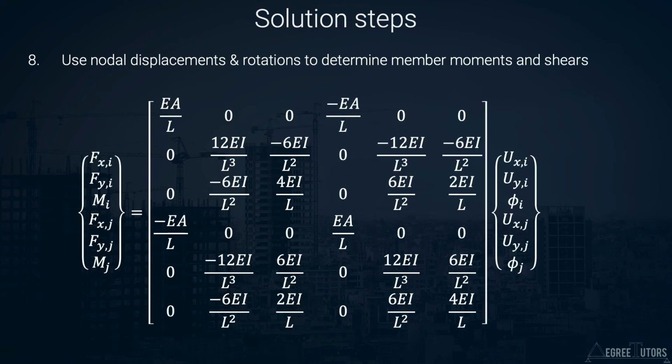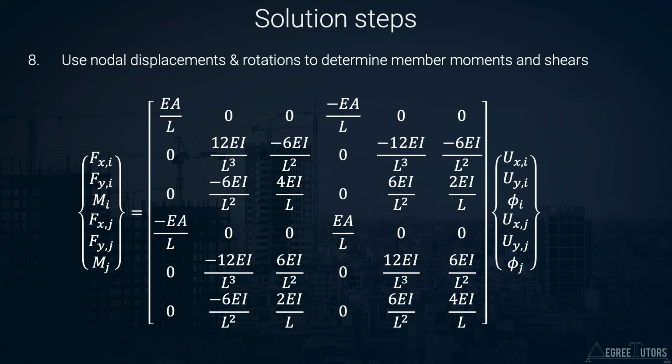Moving on from there, we can use the displacements and rotations to determine the member moments and shears. So what I've got on screen here is basically the full force displacement relationship for a beam element. So we've got the local forces on the left equal to the local stiffness matrix times the local displacements. Now, remember I know what my displacements on the right hand side here are.